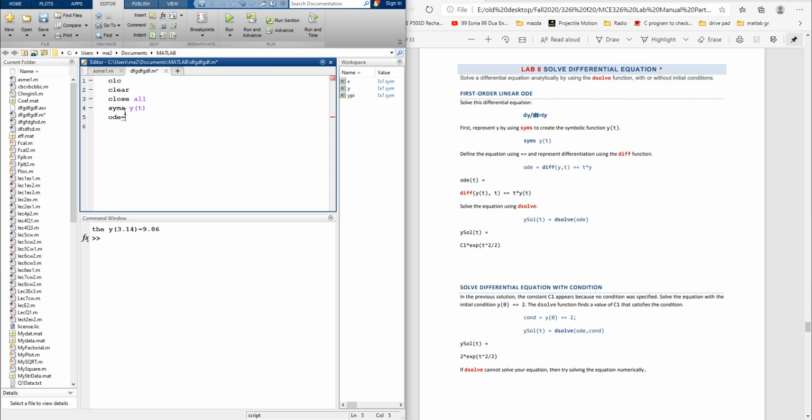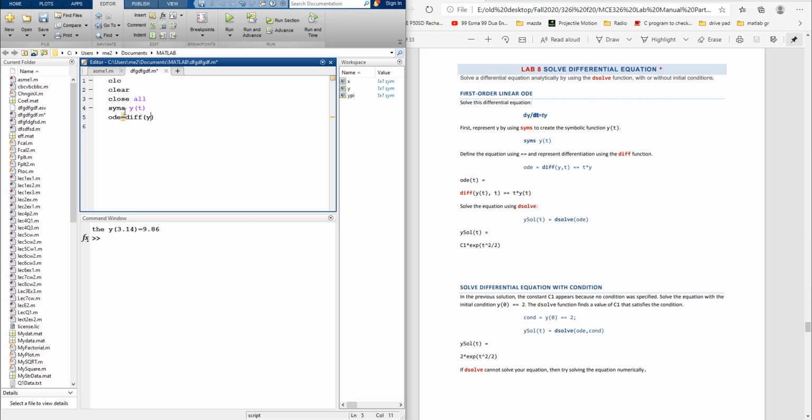Just to remind you, we have a diff function. It gets the derivative of a function. Now, what is the name of the function? Derivative of y. If it is first order, we can keep it like this or write comma 1. If it is second order, we can write comma 2, comma 3 if it's third order, and so on.